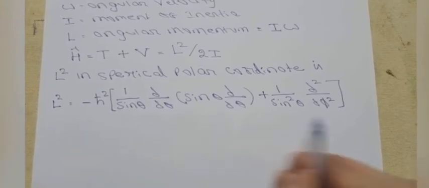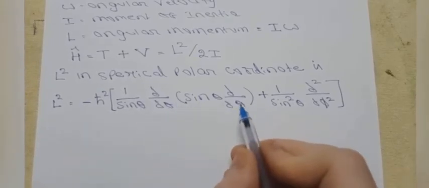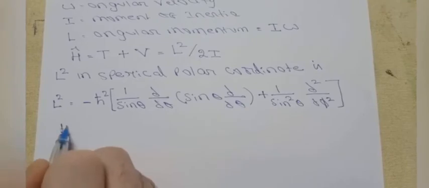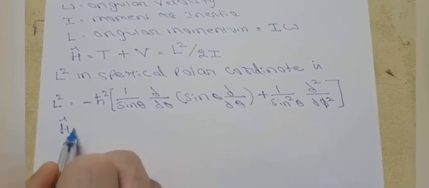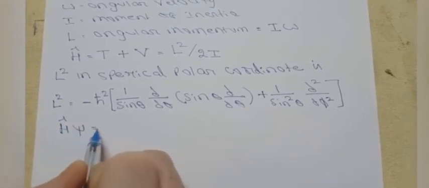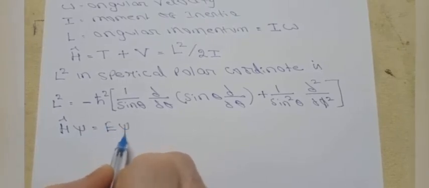Now we can substitute in the Schrodinger wave equation, that is H psi is equal to E psi.